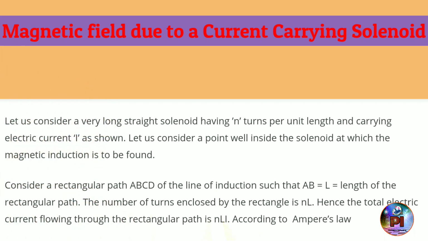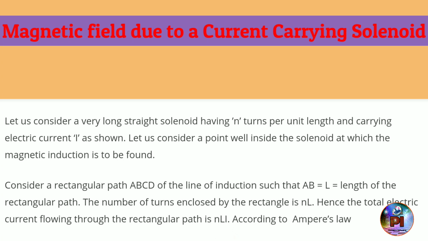So in this derivation we are taking n number of turns per unit length, and the current carried by the solenoid is I. Now let us consider a point well inside the solenoid at which the magnetic field is to be found out. For this we have imagined AB equals L, that is the length of the rectangular path that is inside the solenoid.